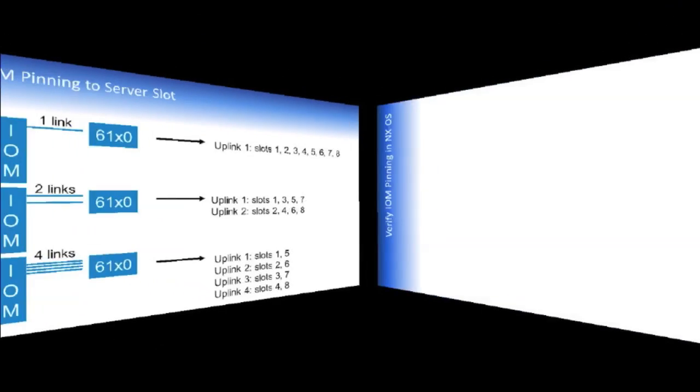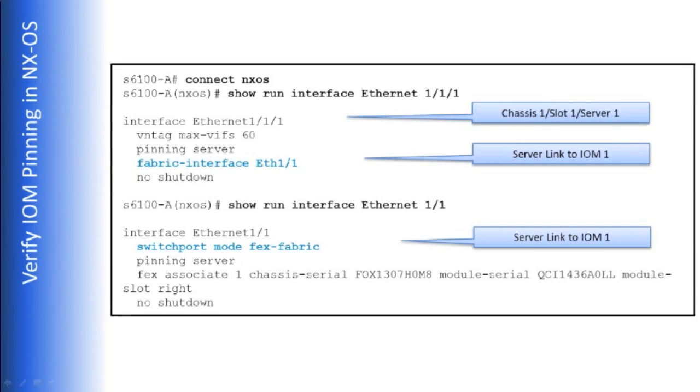Now, first of all, let me prove to you what we just talked about. We need to prove that there is this automatic pinning that takes place. So we're going to prove this in a pretty cool way. We're going to go to that read-only shell for the Nexus OS, right? So notice here we go connect nxos. And once we get into that Nexus OS shell, I'm going to say show run interface E1/1/1.